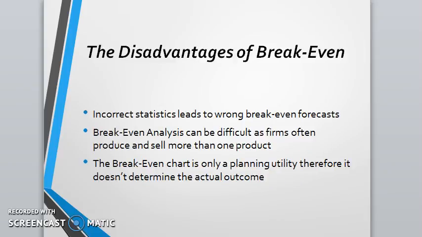There are also various disadvantages to this analysis. The following are listed. Inaccurate and incorrect statistics lead to wrong break-even forecasts. Break-even analysis can be difficult as firms sell more than one product. A break-even chart is only a planning utility, therefore it doesn't determine the actual outcome.